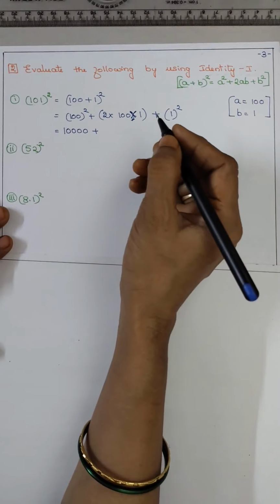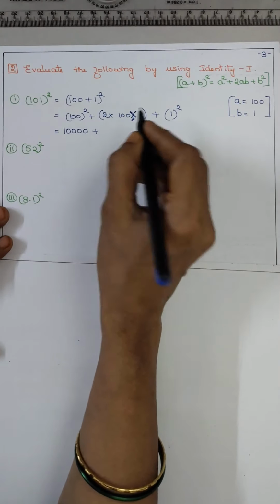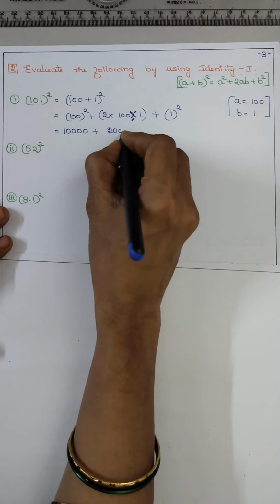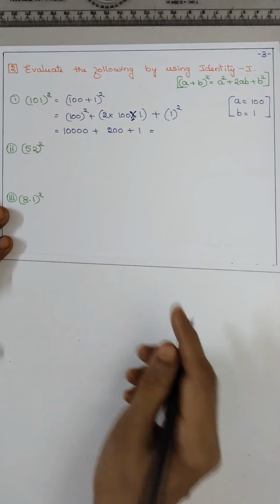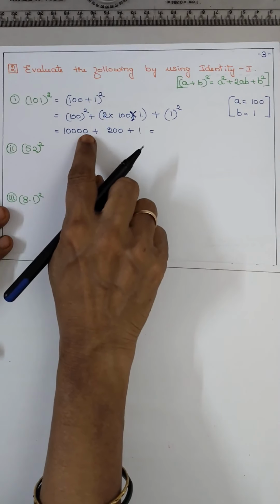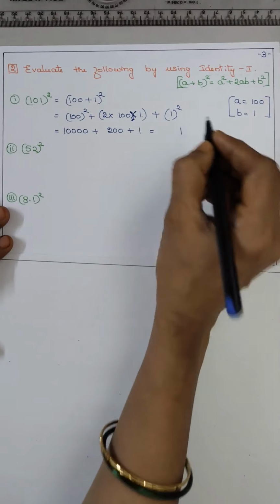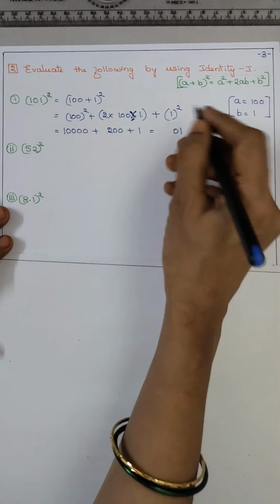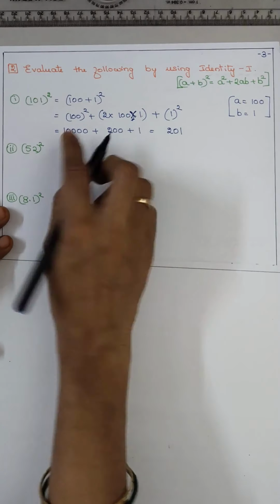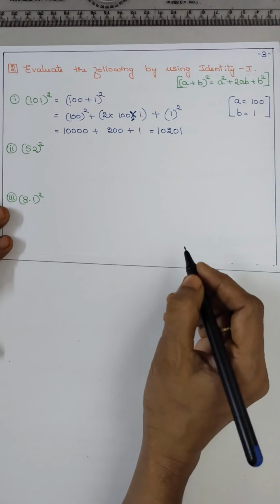ए स्क्वायर्स का लेसन का है. 2 into 1 is 2, 2 into 100 is 200, plus 1 square is 1. Now you add: ones place, that is units place, 1; tens place it is 0, hundreds place it will be 2, thousands place 0, 10,000 place it is 1.